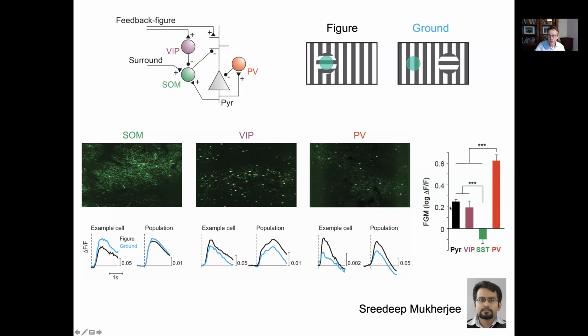So pyramidal cells have more activity elicited by the figure. And this is the level of figure ground modulation on the x-axis. VIP cells do the same thing as the pyramidal cells. They are responsible for suppressing the somatostatin cells, which indeed have weaker activity at the figure location. PV cells in this experiment even have stronger figure ground modulation than the pyramidal cells.